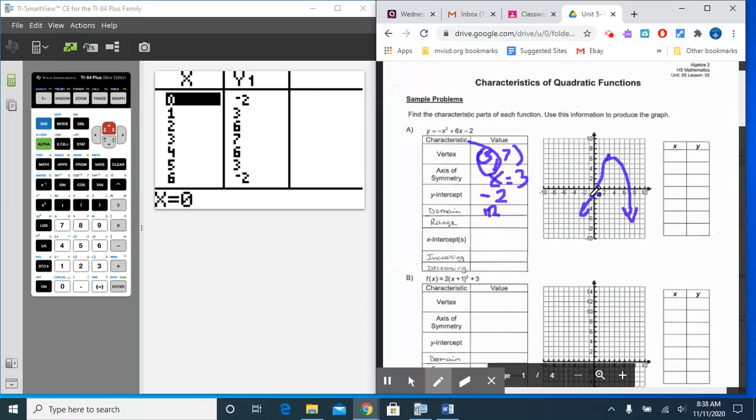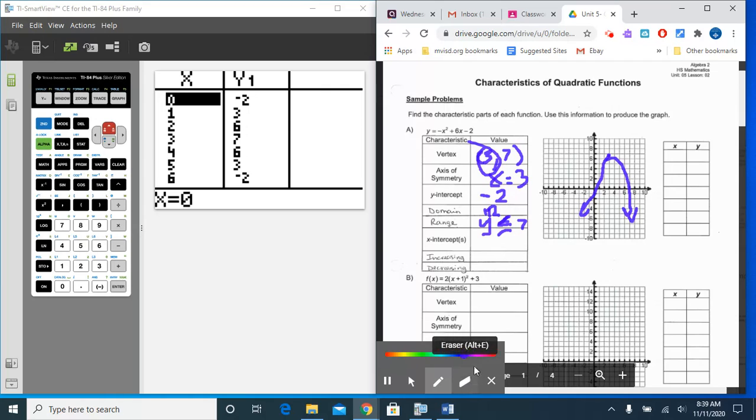The range, well, the highest y value it goes to is 7, and it points down. So the range is all the y's less than or equal to 7. And the x-intercepts, we'll come back to that.